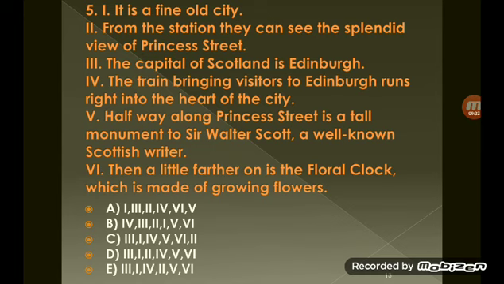So we eliminate D. Now we have option C and option E only, right? So both say the train bringing visitors to Edinburgh runs right into the heart of the city, and so we get a correct answer to from the station they can see. So we know that E is the correct answer because they here refers to the visitors. Okay, and because train has been mentioned, so now the station is also mentioned, right?